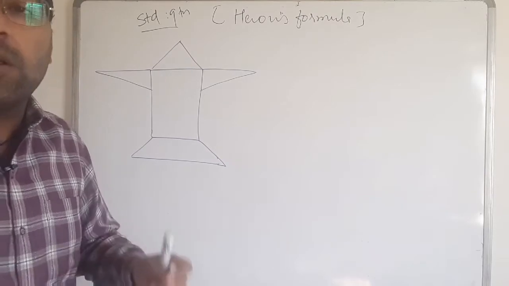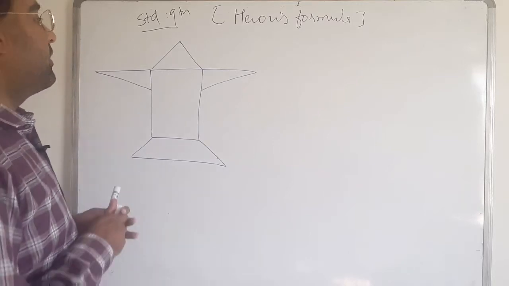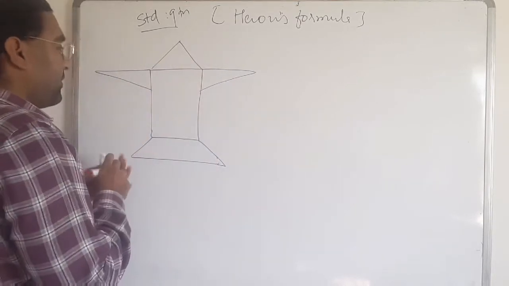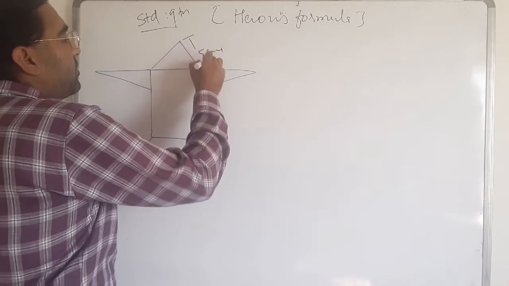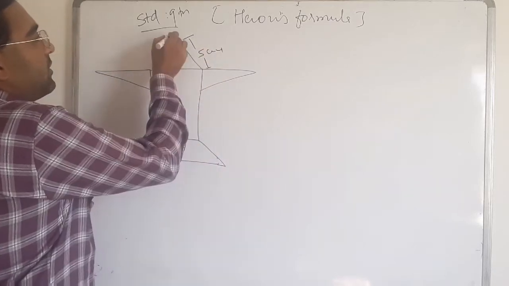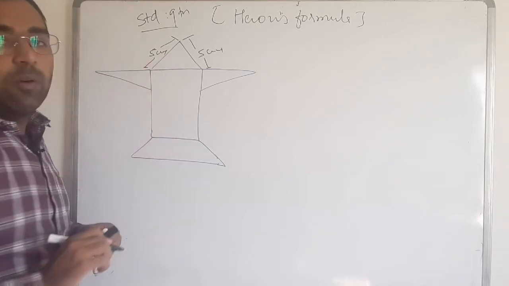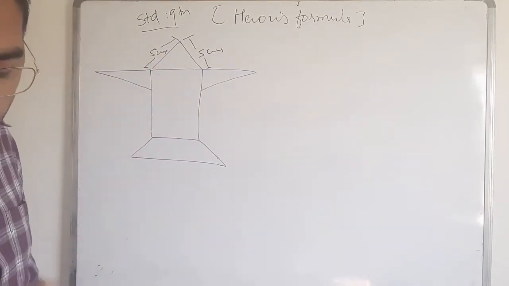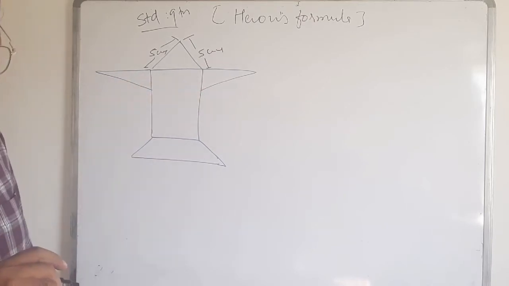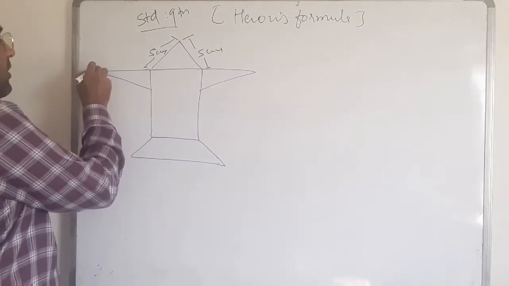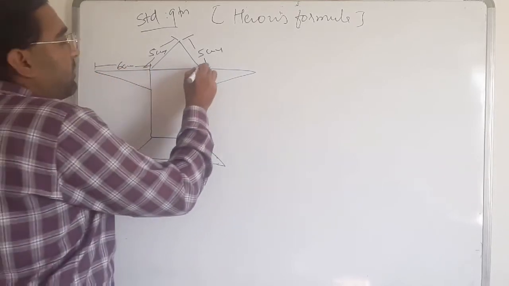Now the measurements of the figures are given. The first figure, the triangle, has a side of 5 centimeter, and here it is also given 5 centimeter. So this triangle is an isosceles triangle, so we also take this side as 5 centimeter. Now for these two triangles there is 6 centimeter, 6 centimeter, and from this to this portion there is 6 centimeter.